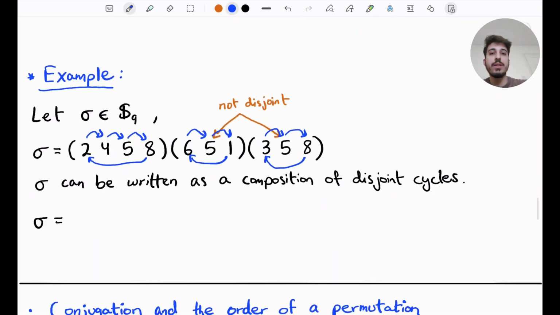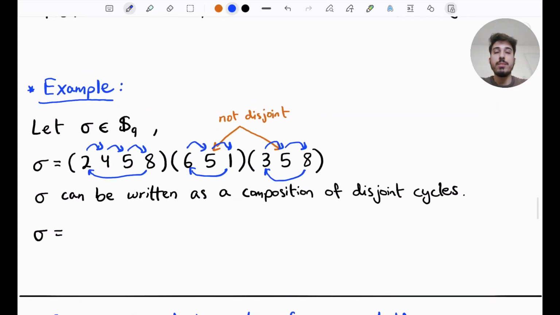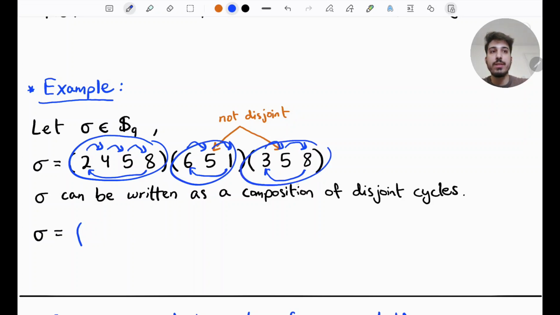In fact, let us write the pairwise disjoint cycle decomposition of sigma. So let us start. We will start by treating sigma as a composition of 3 different cycles, a 4-cycle, a 3-cycle, and a 3-cycle.